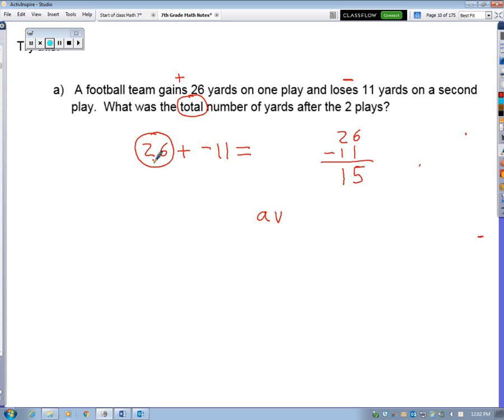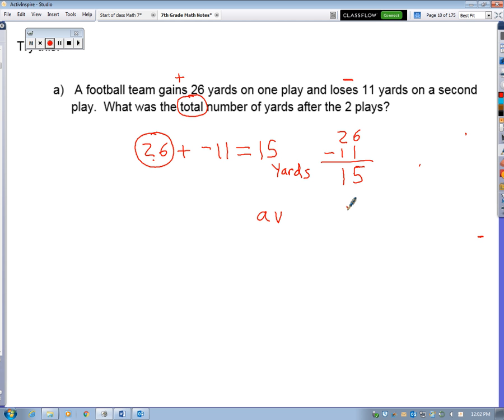This one has the bigger absolute value and it's positive, so our answer is going to be positive. Okay, 15 yards. All right, so after their two plays, the total number of yards they have is 15.